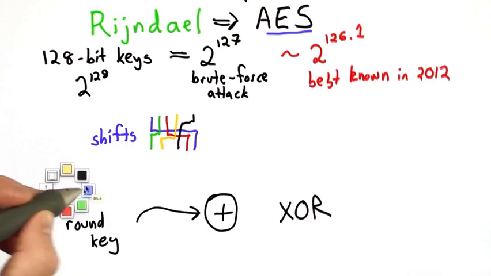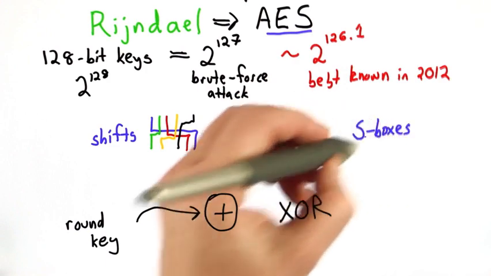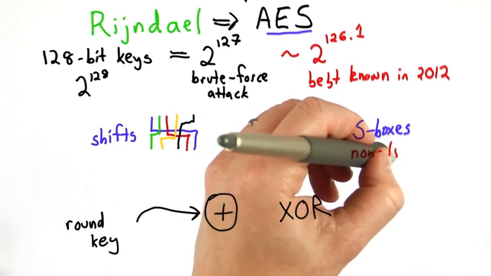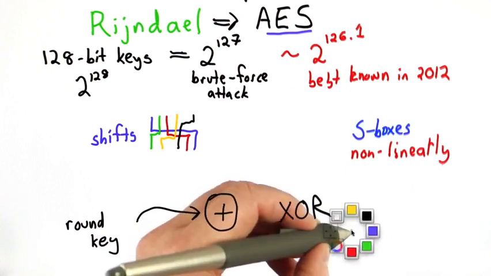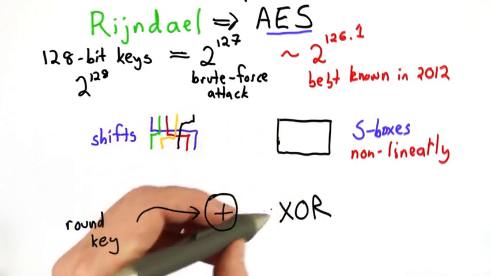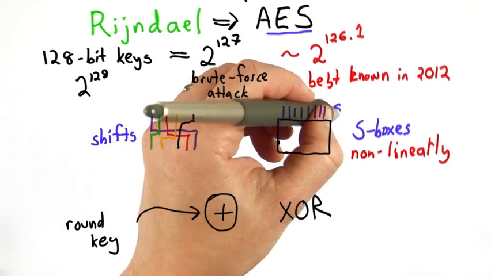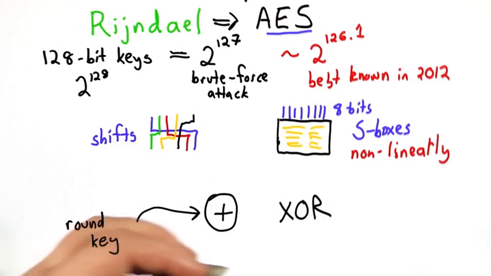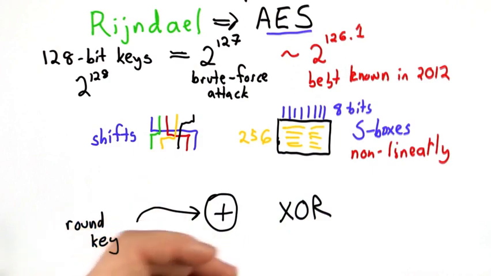The other thing that's really important for a cipher to be hard to cryptanalyze is to have some nonlinearity, something that is very difficult to analyze and mixes up data in a nonlinear way. This is done basically by having lookup tables. What's called an S box takes in 8 bits and has a lookup table with 256 entries, mapping each set of 8 bits to some other set of 8 bits.